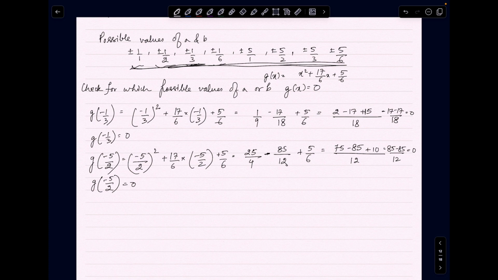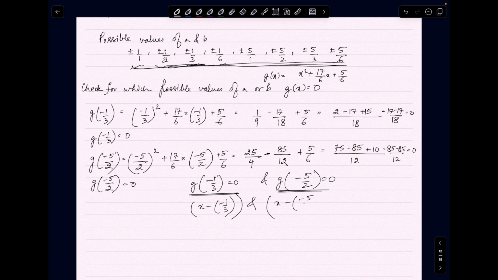So I am getting two numbers: g of minus 1 by 3 equals 0 and g of minus 5 by 2 equals 0. I have said that if this is possible in a polynomial, we can say that x minus of minus 1 by 3 and x minus of minus 5 by 2 are factors of g of x or not?